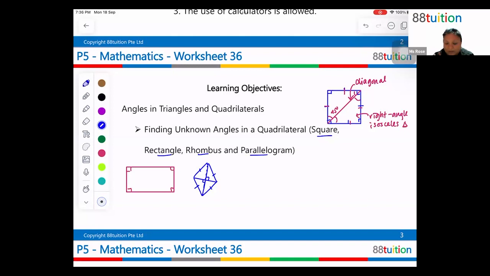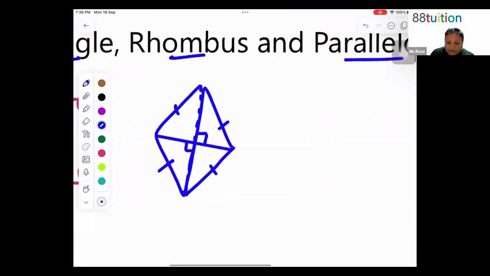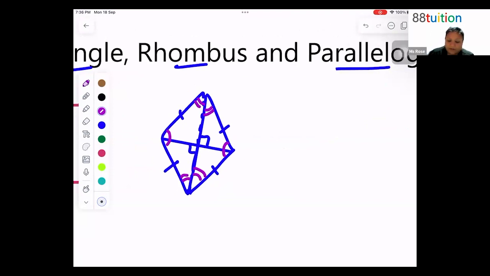So it's like a slanted square. All sides must be equal. Now, this is a rhombus, right? Which means that these two angles are equal, or rather, all these other angles are all equal to each other.